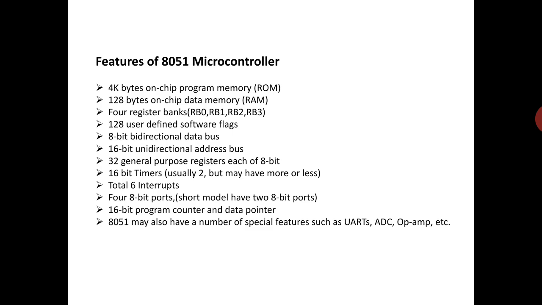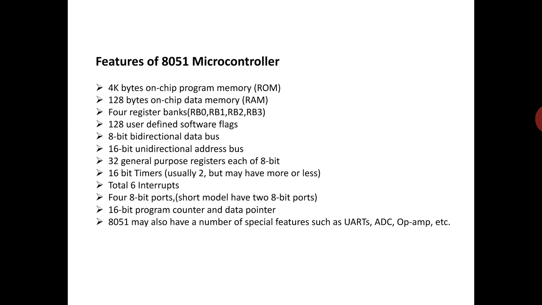Features of 8051. This will also be asked in exams, as a one or 2-mark question: explain the features of the 8051 microcontroller. First is 4 kilobytes of on-chip program memory, that means ROM.